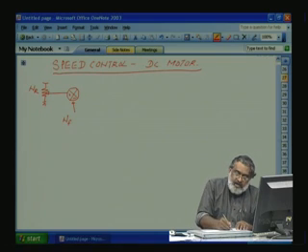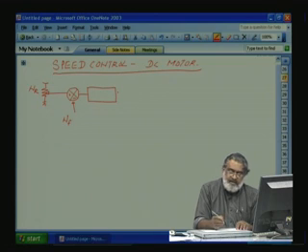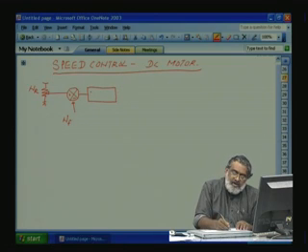Now we require a controller. We talked about various classical controllers: P, PI, PID. We will decide which controller is required. So here we will simply write controller.